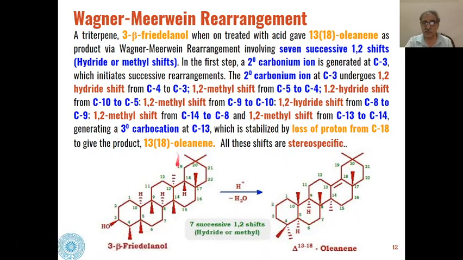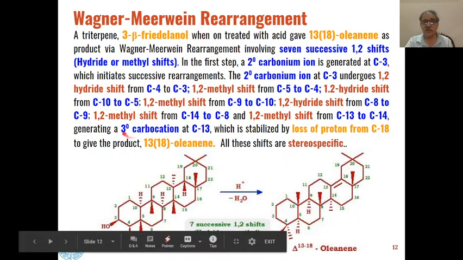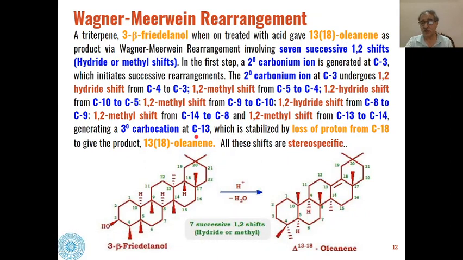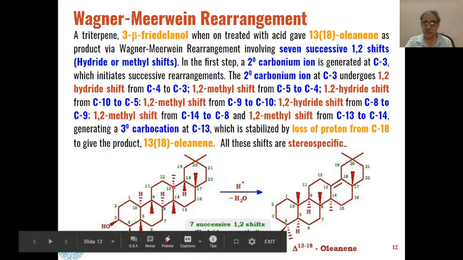At C13 we will have a tertiary carbocation, and this carbocation is stabilized by loss of a proton from C18. So this is C13, and this proton is lost, and this will create a double bond at C13 and C18.